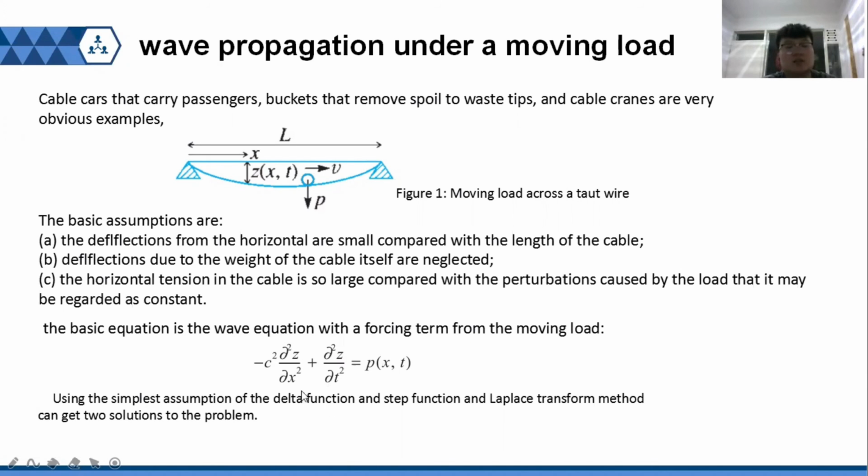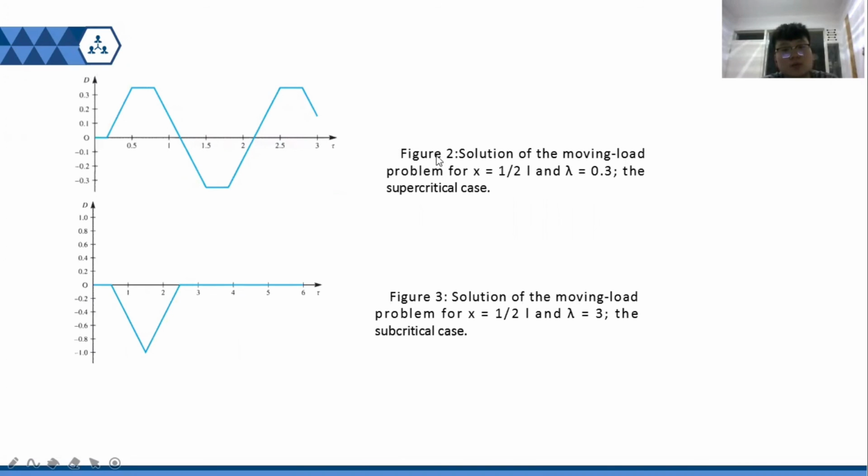We can get 2 solutions to this problem. Figure 2 is the solution of the moving load problem for x equal to 1/2 l and lambda equal to 0.3. And figure 3 is the solution of the moving load problem for x equal to 1/2 l and lambda equal to 3.